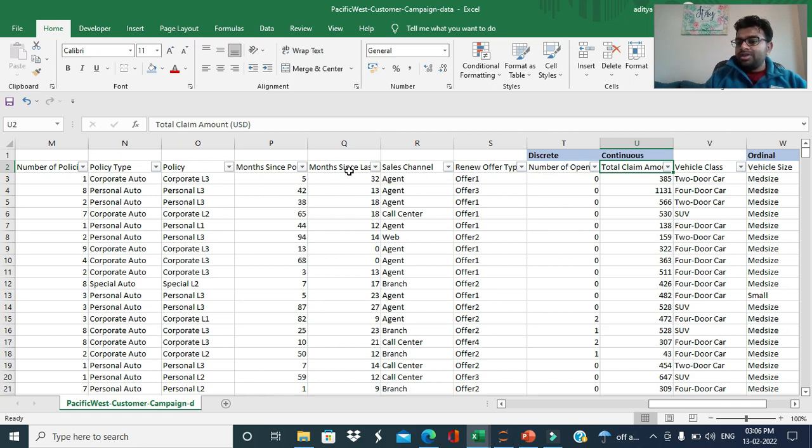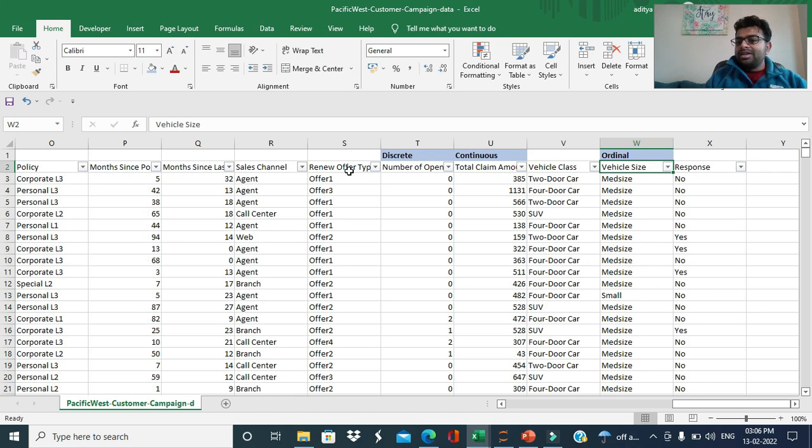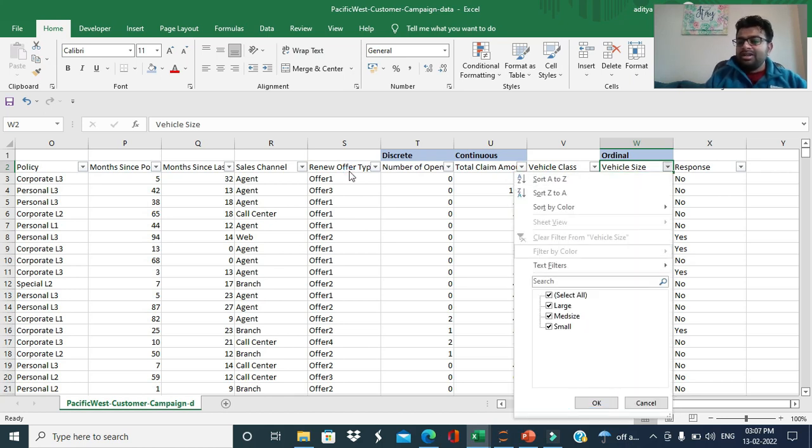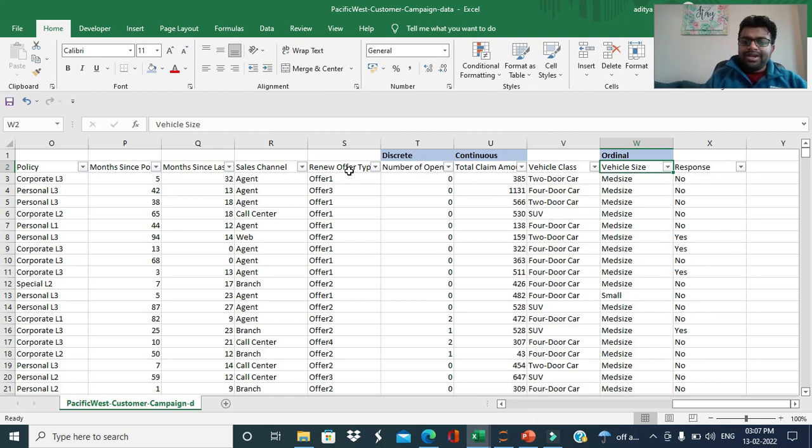Likewise, for a continuous variable, again we have a pure numeric variable. Again, vehicle size you can consider an ordinal variable because it has large, mid size, and small. If you want to convert them into 1, 2, 3, whether in descending or ascending order, you can convert them, right?